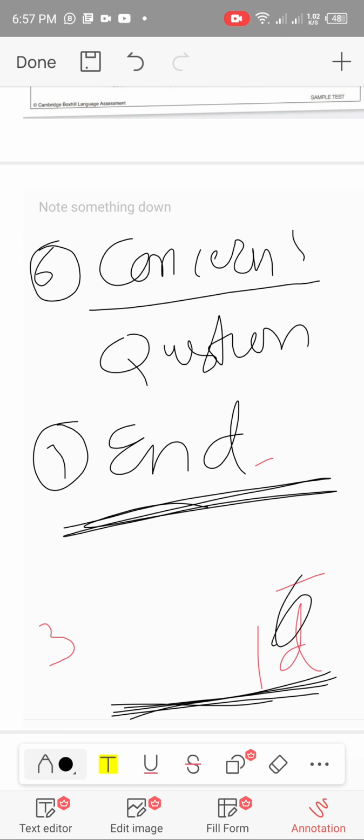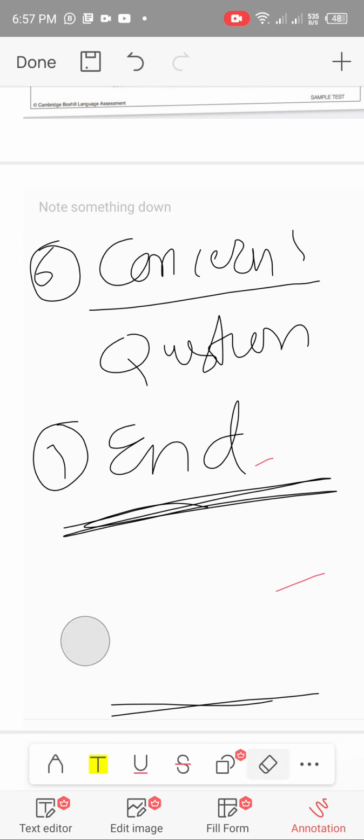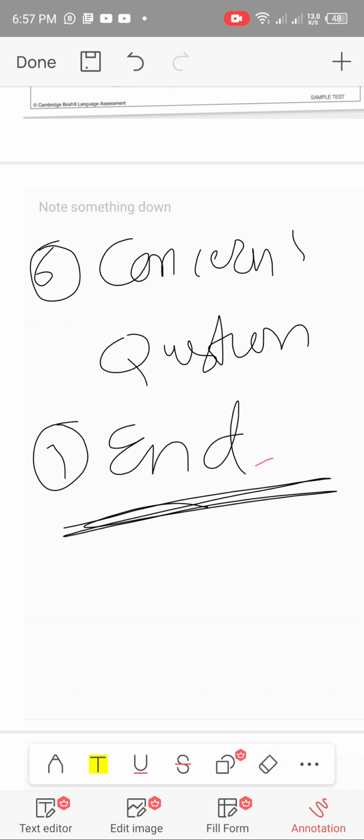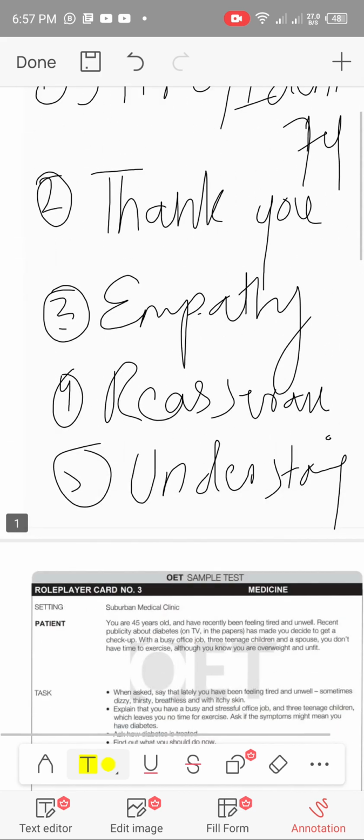So these are the things actually. These are the points which you need to incorporate into your OET speaking to make it a proper communication. Okay, I'm going to summarize it again.